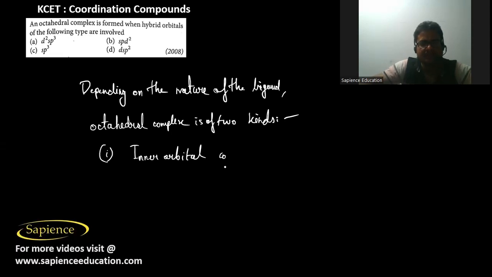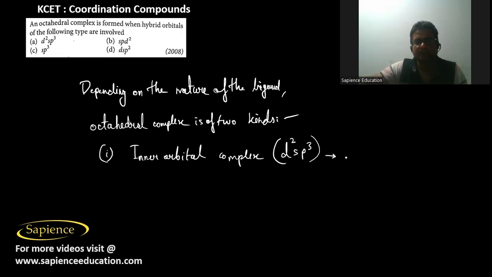One is the inner orbital complex, which is the d2sp3 hybridization, and which is formed when there is an influence of a strong ligand. So it is formed when the ligand is strong.